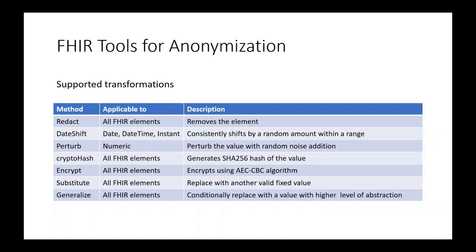Or if you have numeric values, you can round them. Or if you have city level information, you can move it to a higher level, like the district or county level. So these are the capabilities that are available.